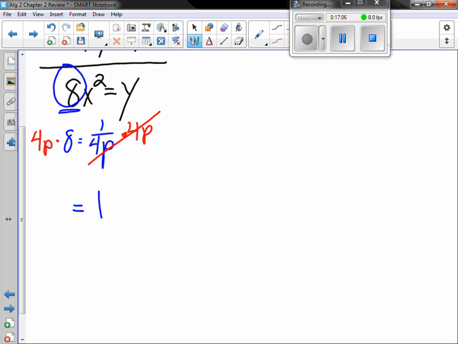So now we're going to find the value of p by first multiplying both sides by 4. And here we get 32p. And lastly, what do we need to do?